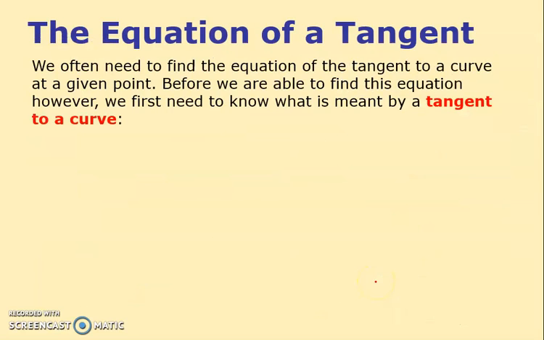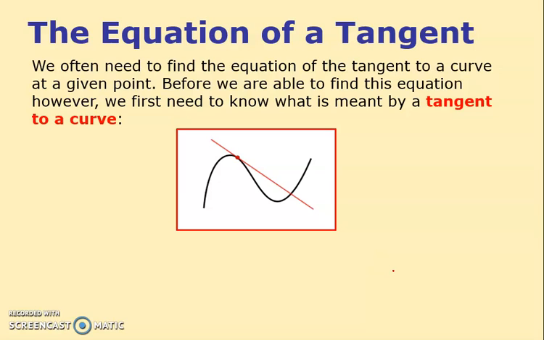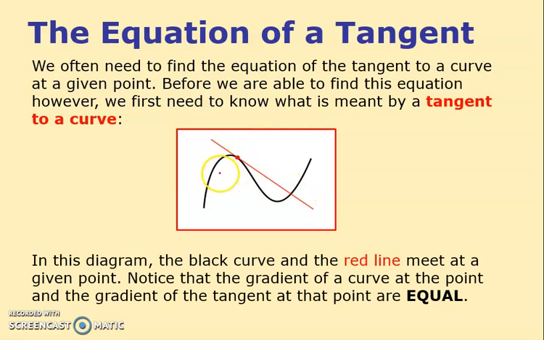So let's have a go at this. We often need equations of tangents to a curve. The first thing we need to know is what a tangent to a curve actually is. There's one example. At this point, I'm suggesting it just touches, and you want to find that equation. The important thing to note here is if I know the gradient of the black line, then effectively I also know the gradient of my red line, because the gradient at this particular point of the black and the red line are the same.